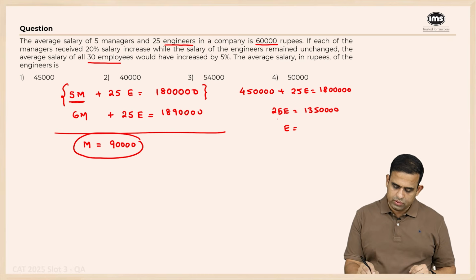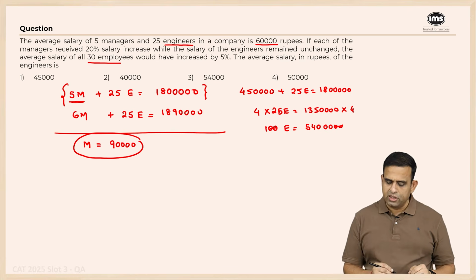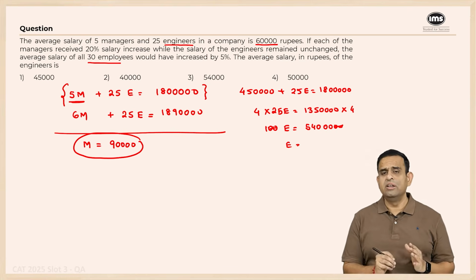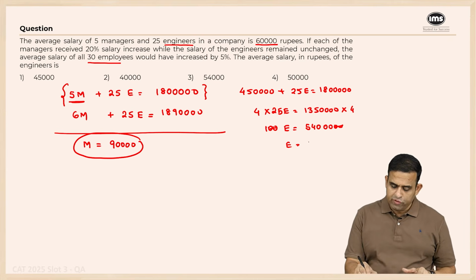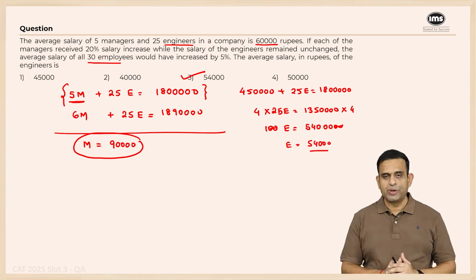If you divide this, first of all 25 into 4, and this will come out to be 54,000. So you will get 100E equals 54,00,000. 2 zeros can be cancelled out. So the required average salary of the engineer came out to be 54,000. Hence option number 3 is the required answer for this question.